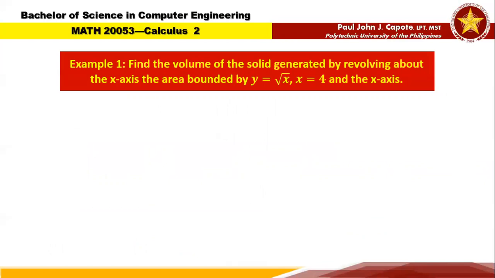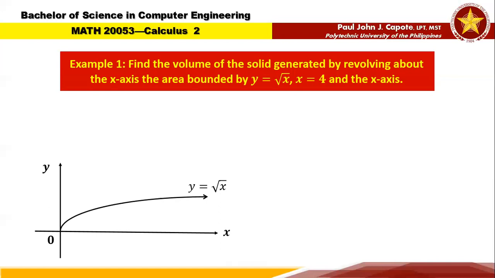Find the volume of the solid generated by revolving about the x-axis the area bounded by y equals square root of x, x equals 4, and the x-axis. First, we need to sketch the graph of y equals square root of x and x equals 4. The line intersects the curve at point (4, 2).